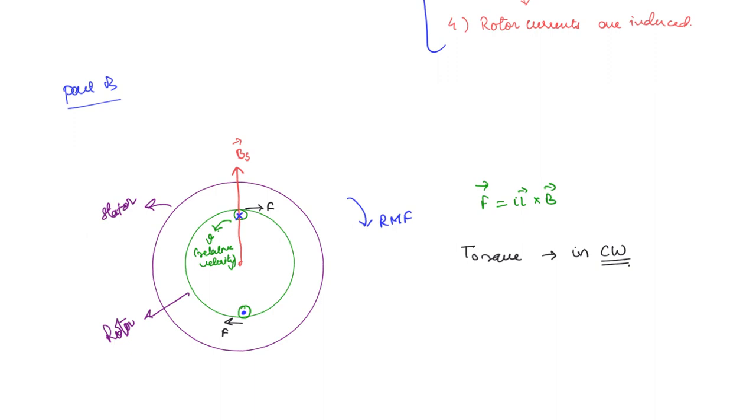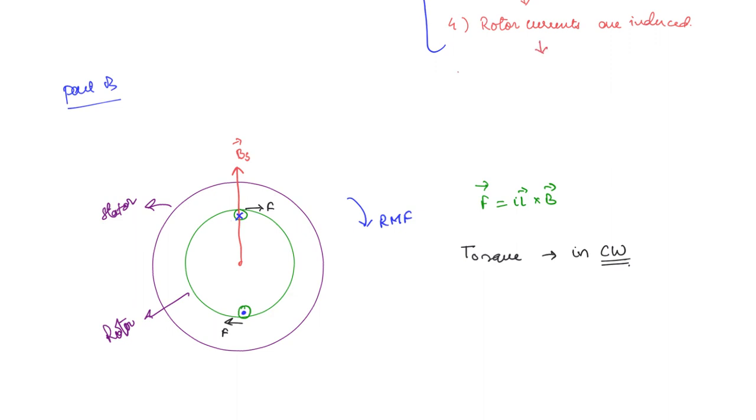Since we are talking about part B, wherein we are talking about the direction of torque, we don't want how the rotor current is induced. Relative velocity comes into picture when we have to understand the rotor currents. To understand the torque, we don't need the relative velocity. What we need is the current direction and the magnetic field. So this is part B.